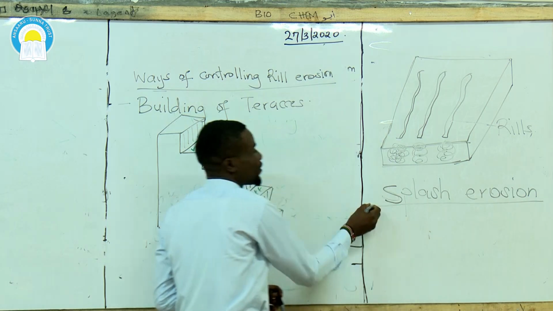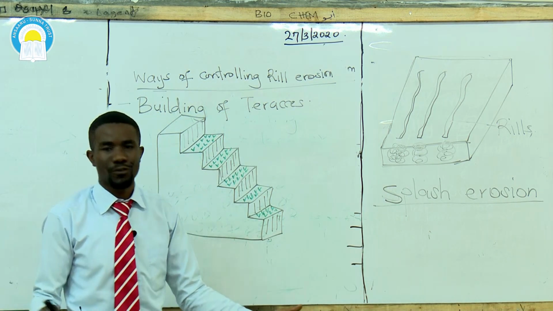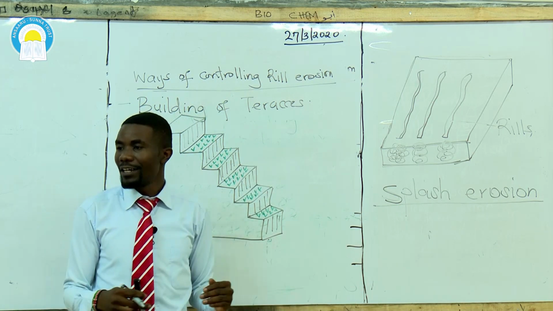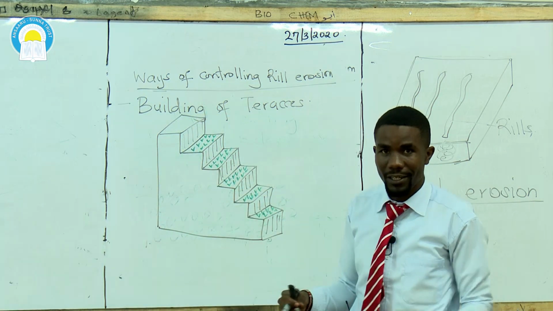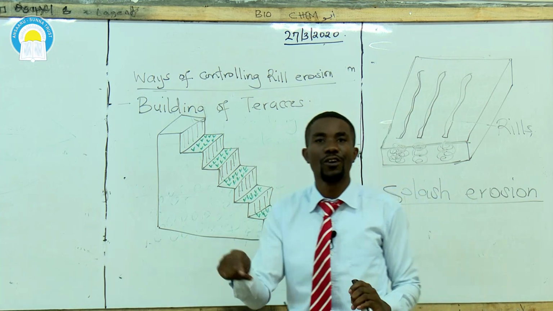From the word splashing, somebody can say you've splashed water on me. So when it is raining and you look at the ground outside, you will be able to see some small holes on the floor.